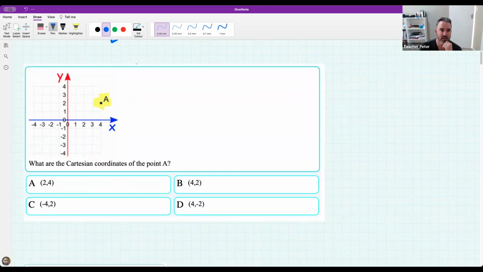So it feels like it goes 1, 2, 3, 4 across and 2 up. So the answer would be, the X always comes first, so it's (4, 2).